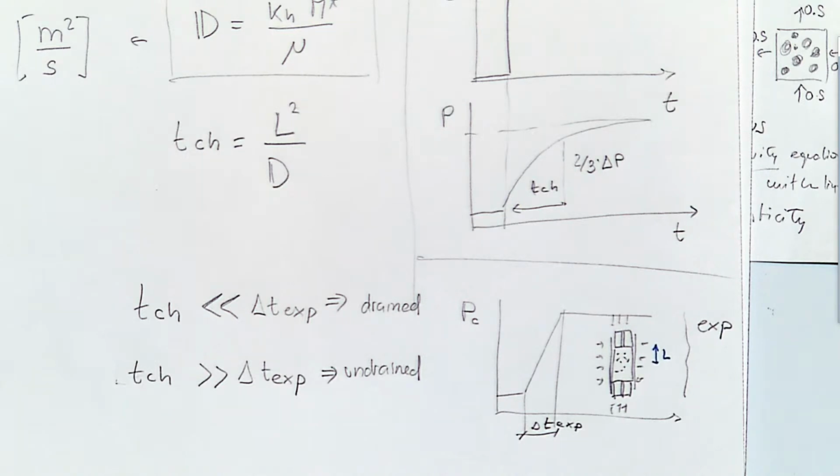Can anyone mention any undrained problem at geological scale? Because this is in the laboratory, but also happens in the field. High pressure sandstones, reservoirs. Okay, and why are they high pressures?